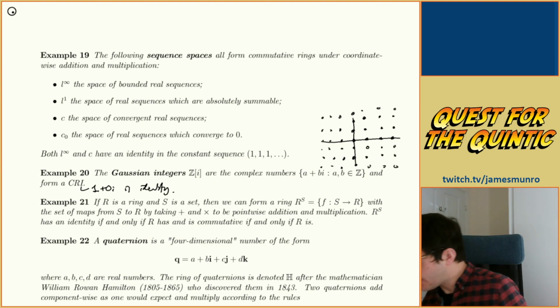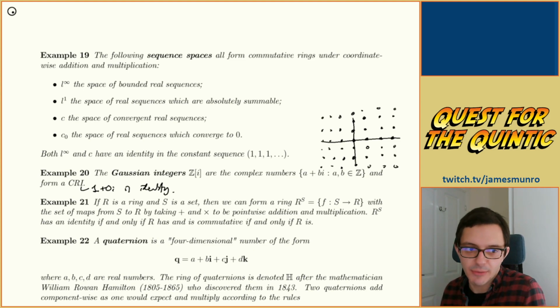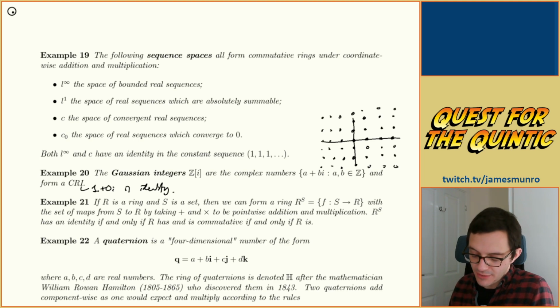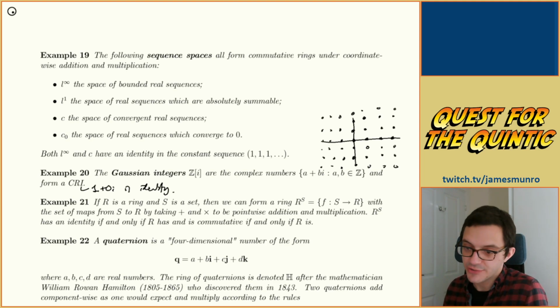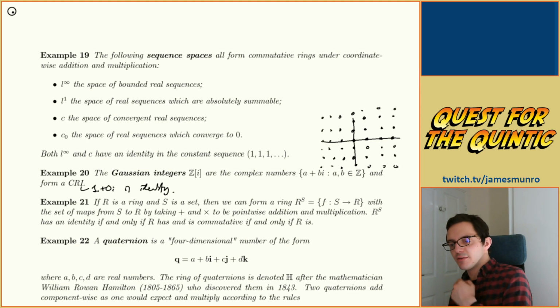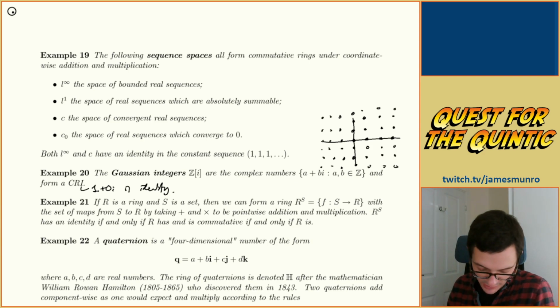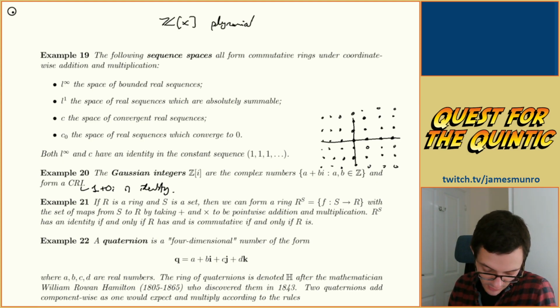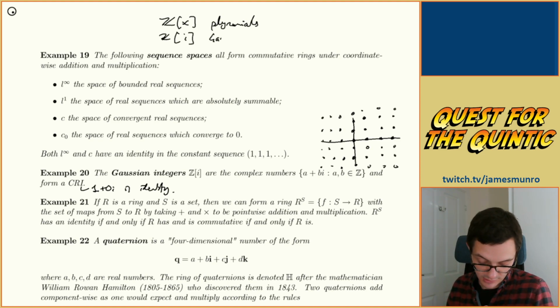So those Gaussian integers are important because complex numbers are great, but they're an example of taking the integers or some sort of real numbers and then adding in a new element, i. The way they've been written there looks a bit like polynomials that you plug i into, right? So we already had these polynomials, and now we see this notation for Gaussian integers.